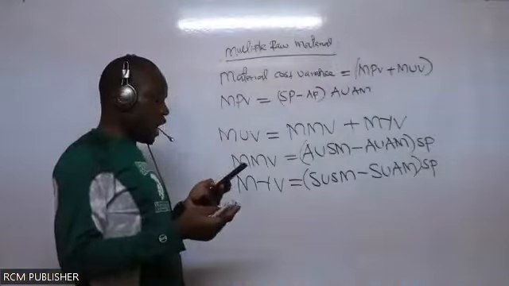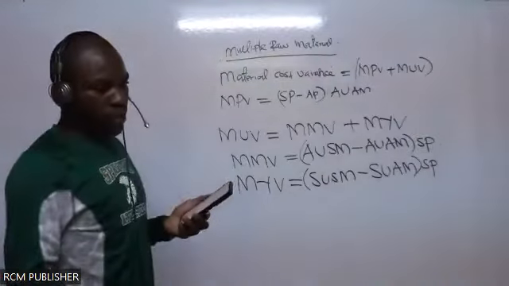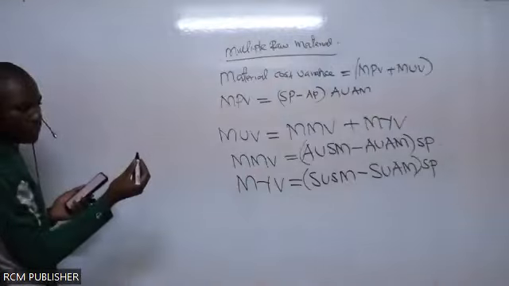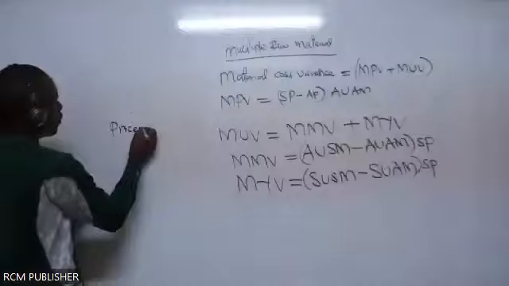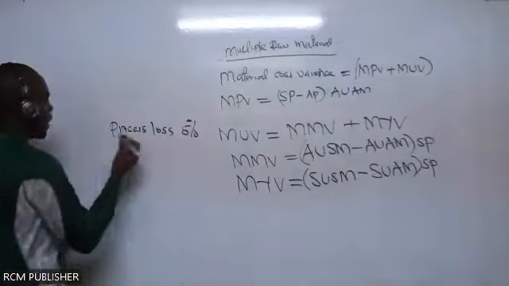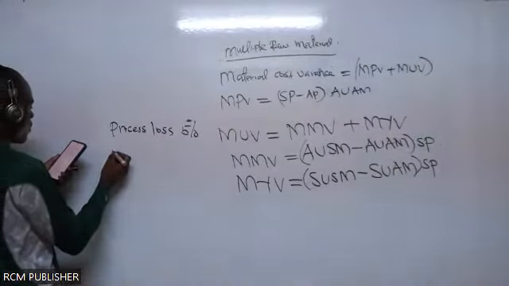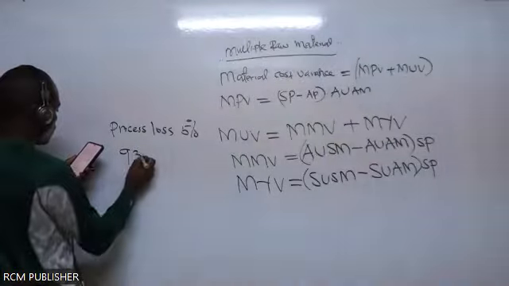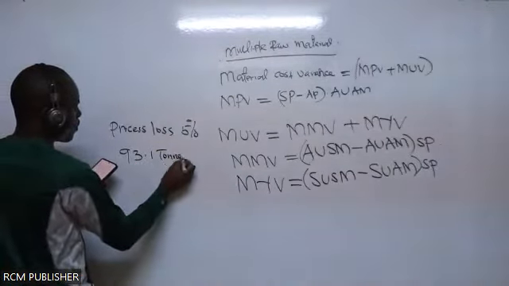In a period, the output was 93.1 tons and the inputs were as follows. So before even you calculate anything, we are being told that a standard process loss, so we have a process loss of what percent? 5%. Now, this is my question. What does 93.1 tons represent?